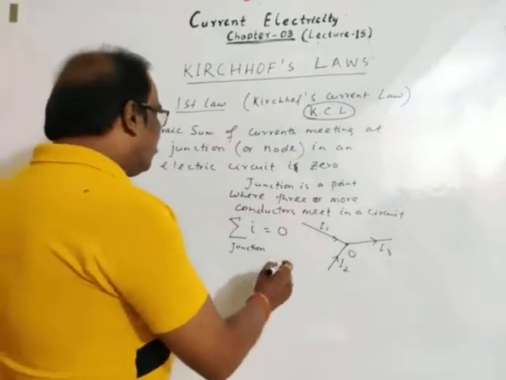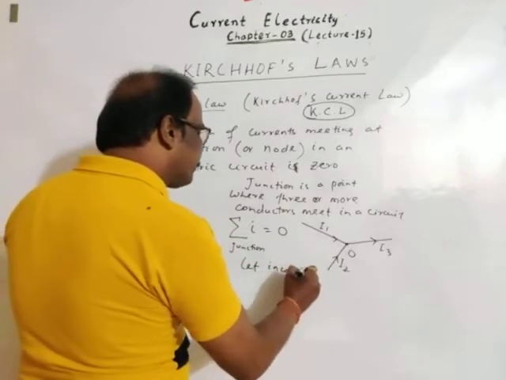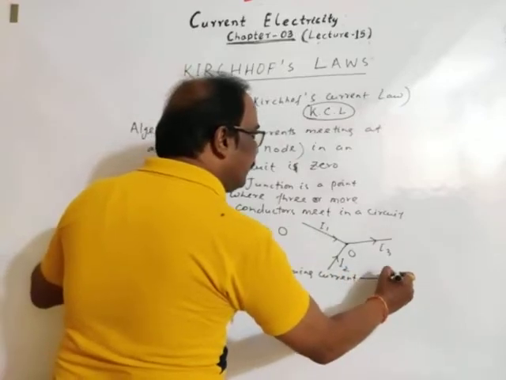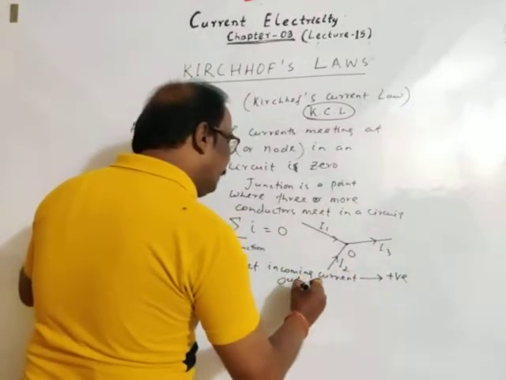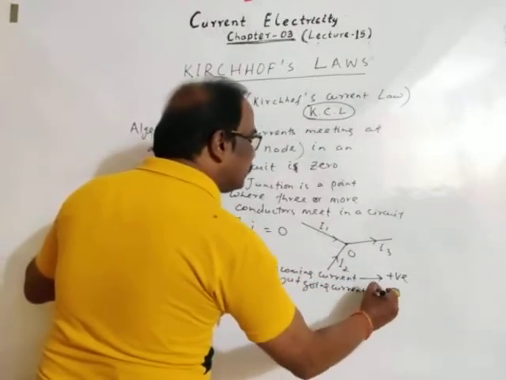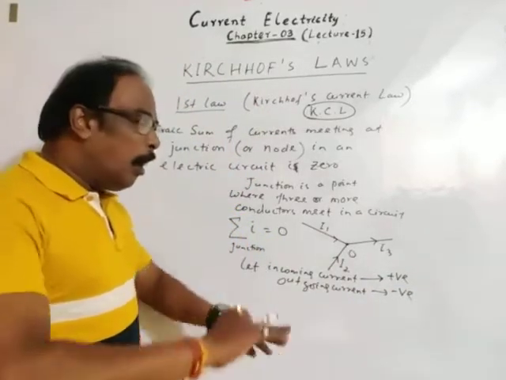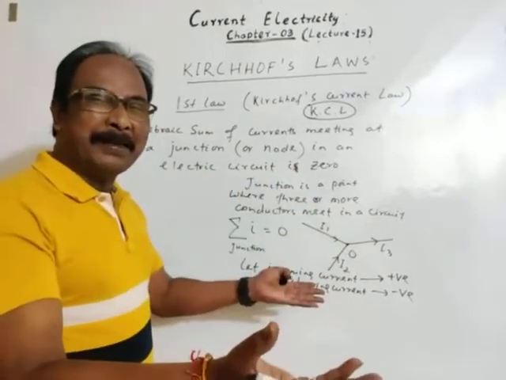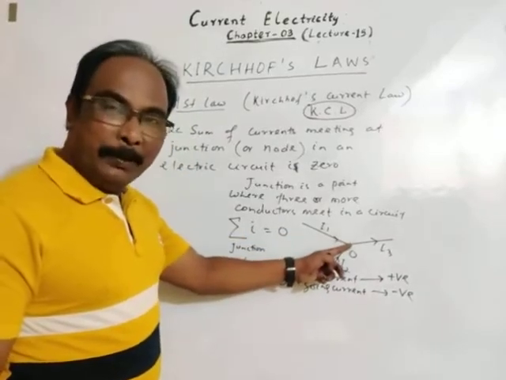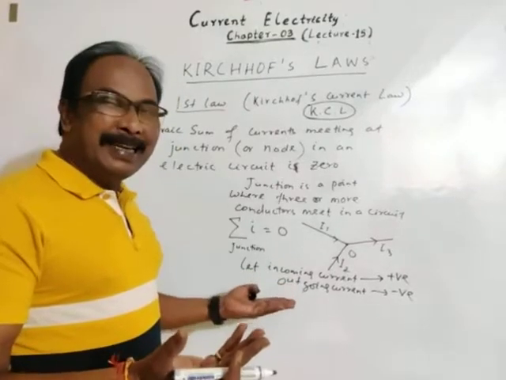Incoming current sign we may take positive, outgoing current sign is negative, or vice versa. Incoming currents we take positive, the currents coming to the junction, and outgoing currents negative.